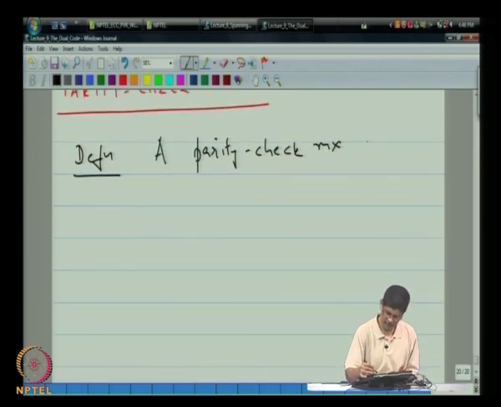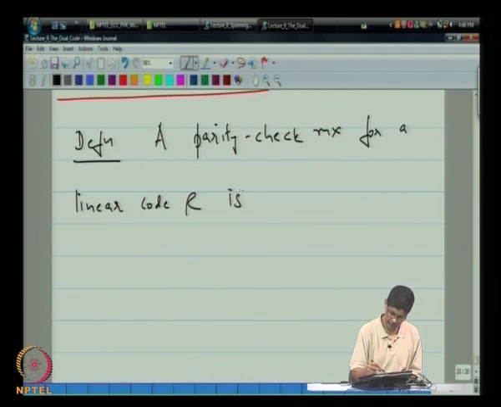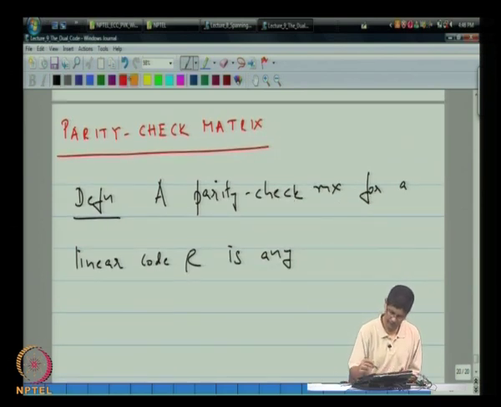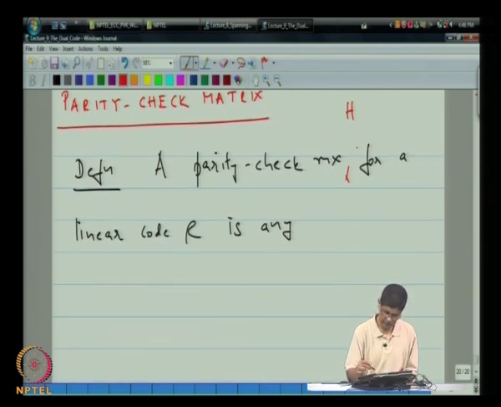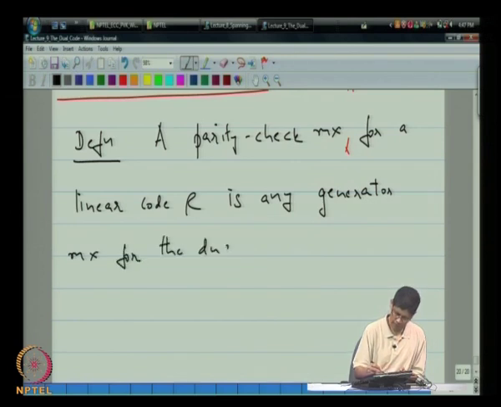A parity check matrix for a linear code C is any, and we will give this a name, we will write H is any generator matrix for the dual code C perp.